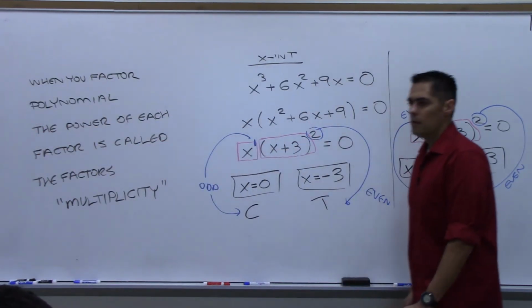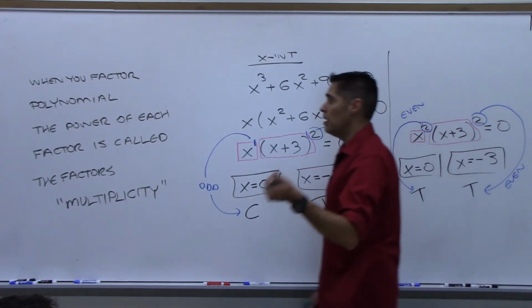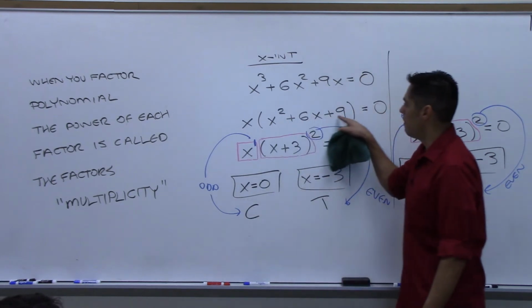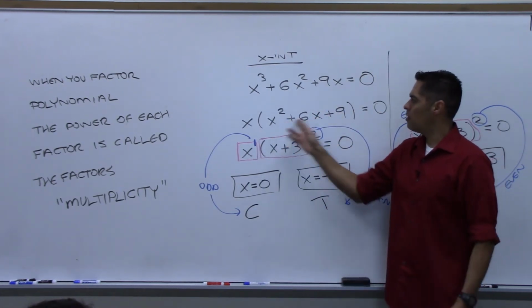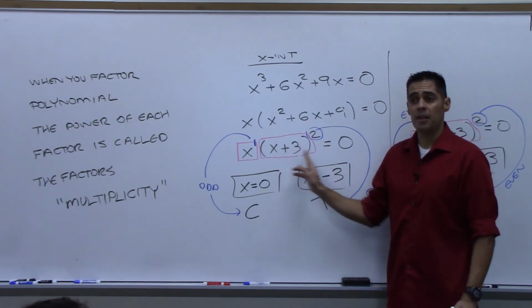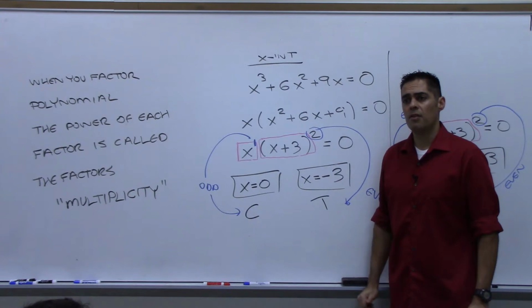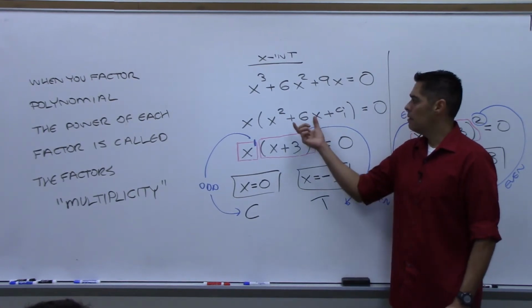If we have to use the quadratic formula to factor, we're going to get to that. Let's say you have a quadratic that you cannot factor. Everyone pay attention to this. You can use the quadratic formula to get your x-intercepts. What are the multiplicities on those going to be? Think about it. 1.